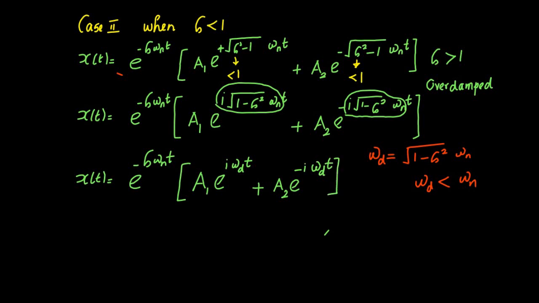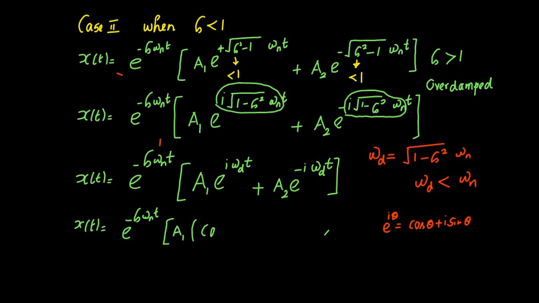And you know what e power i theta is? e power i theta is cos theta plus i sin theta. We are just going to expand e power i omega d t in this form, so that you get x of t is equal to e raised to the power minus eta omega n t, into a1 into, what is e power i theta? It is cos theta plus i sin theta.